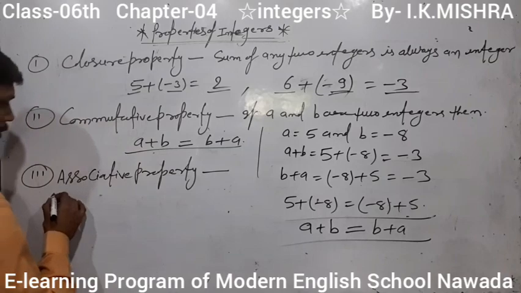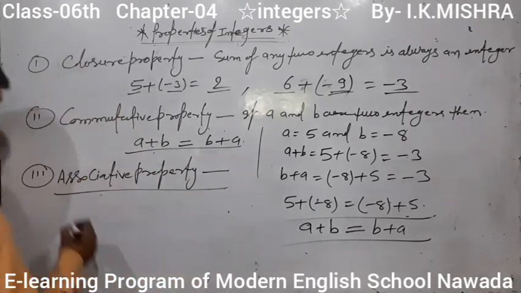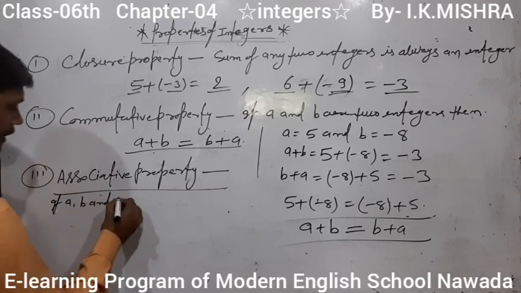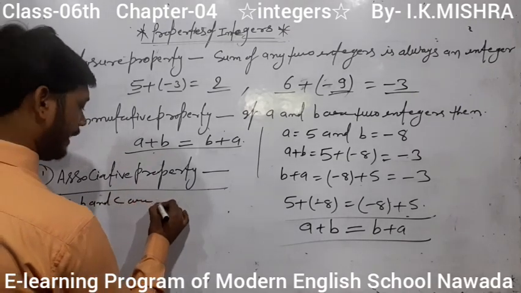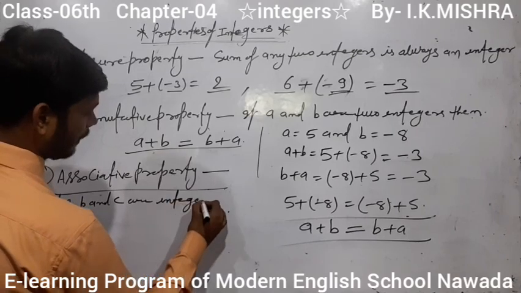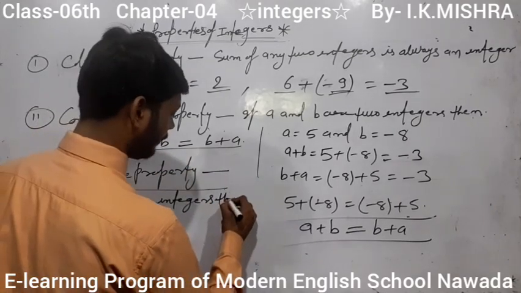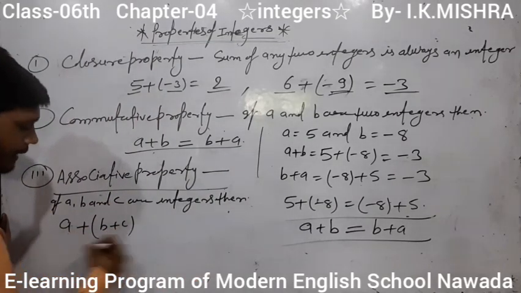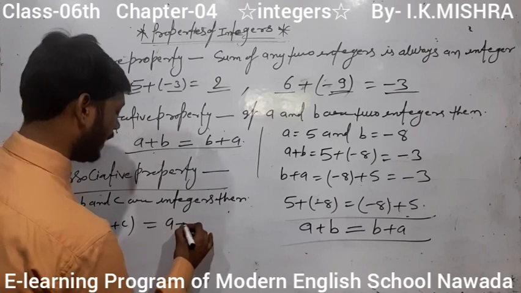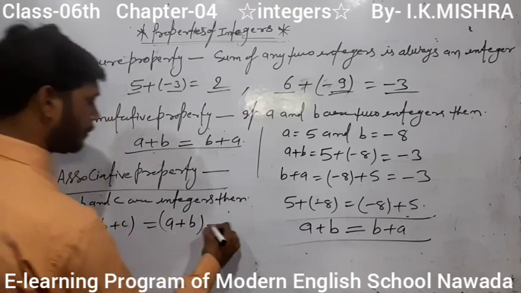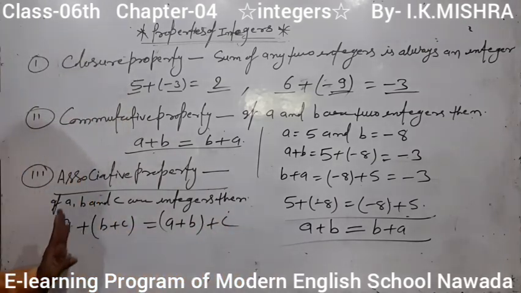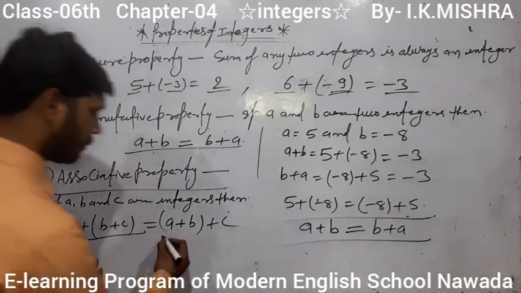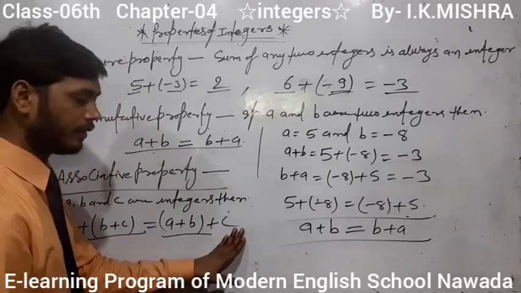Students, according to the associative property, if A, B and C are integers, then (A plus B) plus C is equal to A plus (B plus C). Students, clear? (A plus B) plus C or A plus (B plus C).